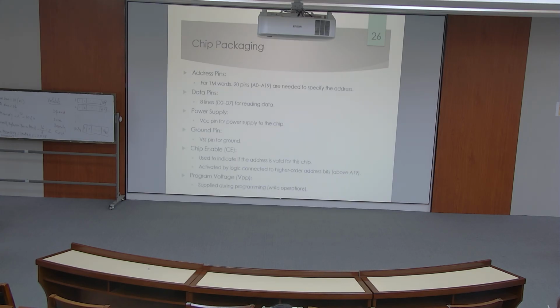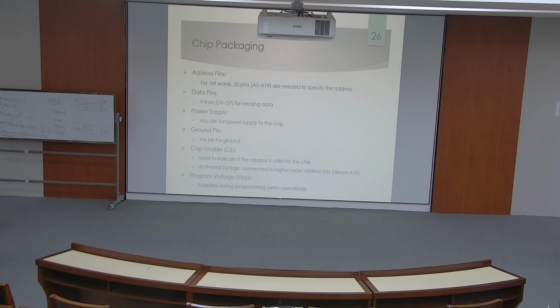Now, we have seen that each memory comes in a package, so we need to talk about chip packaging. It has address pins. For 1,000,000 words, we have 20 pins, from A0 up to A19, which are needed to specify the address. We have the data pins, that means we have 8 lines from D0 to D7, and this is for reading data. The power also needs to be supplied.